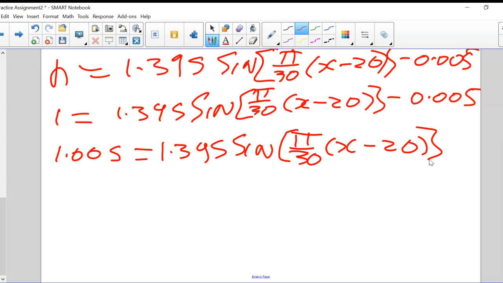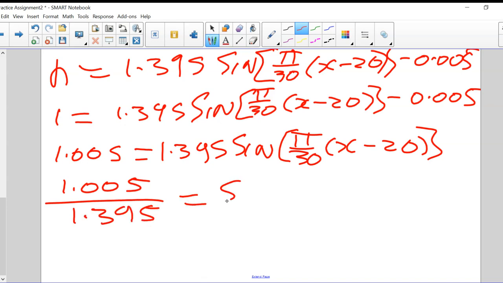I'm not sure what to do next. What do I do now? Oh, I see. Nicholas said divide by the 1.395. Okay, that might help. So 1.005 divided by 1.395 is equal to the sine of pi over 30 x minus 20.